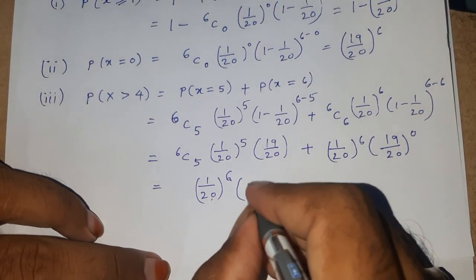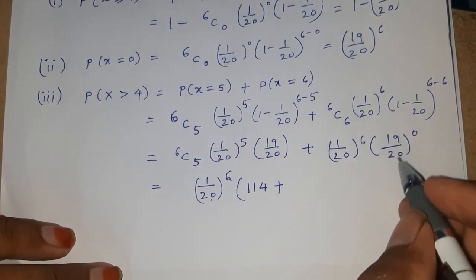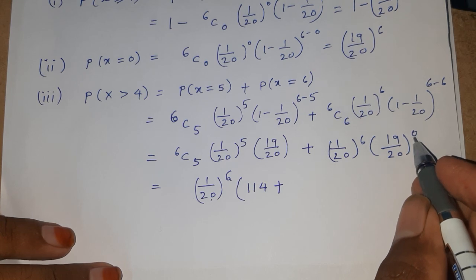Therefore 114 plus 1, since (19 by 20) to the power 0 means 1.